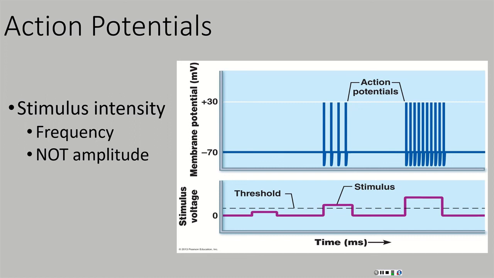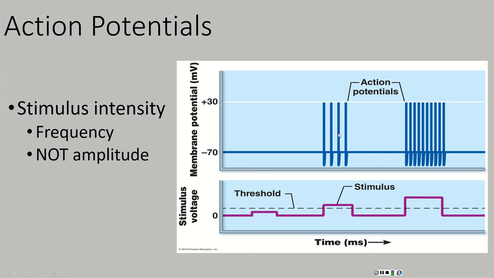When we have a stronger stimulus, the action potentials do not have stronger magnitude or stronger amplitude. Here we can see they're all going up to +30. The stronger stimulus produces more frequent action potentials.